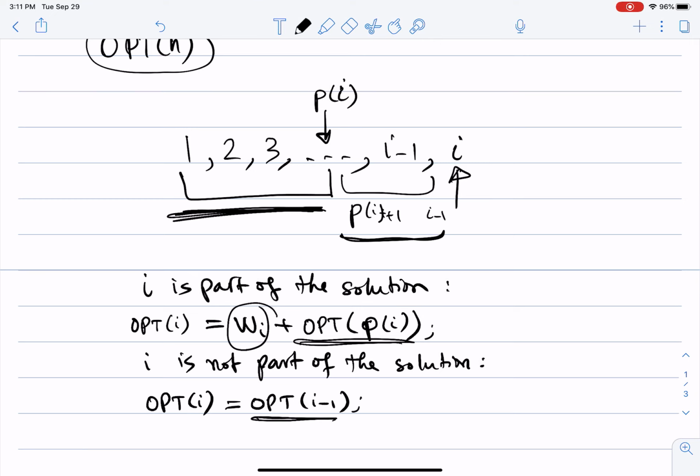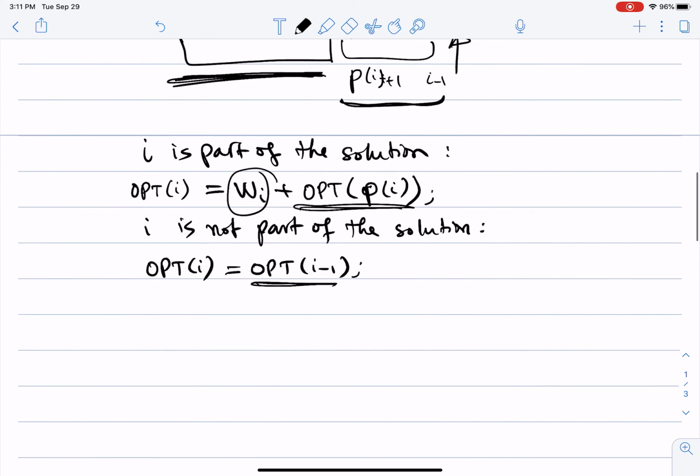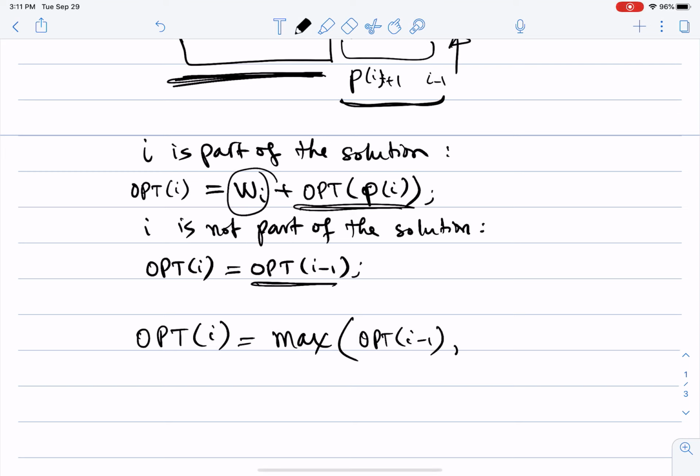I is completely ignored. Which one do we take? Well, we take the best of these. So opt of I is really the max of these two values: opt of I minus 1, or Wi plus opt of P of I. This is what we do.